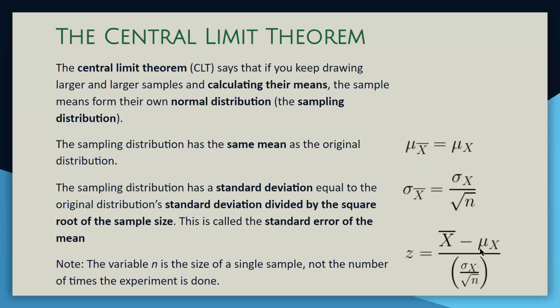Mu x bar is equal to mu x, so that doesn't need to change. And in the bottom, where we would have a sigma x bar, we've replaced it with what that is equal to, sigma sub x divided by square root of n. So this is just the regular z-score formula with these new substitutions for mean and standard deviation.